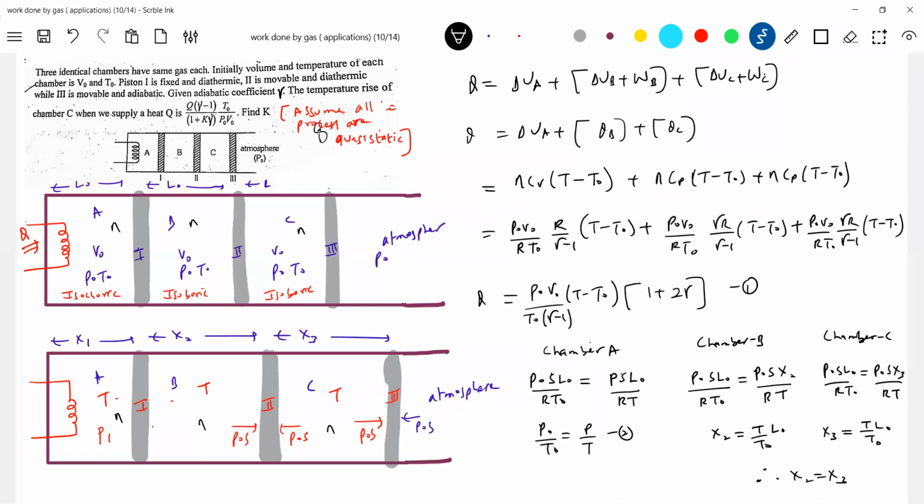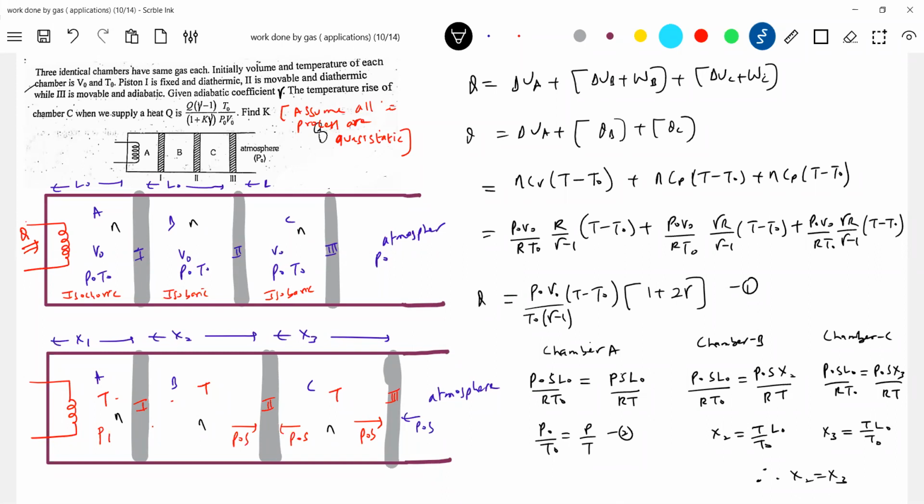Is it needed? Temperature rise is asked. So we already got the answer, no? What do you mean by temperature rise? T minus T naught only is asked. He didn't ask for the temperature. You see, the temperature rise of the chamber is T minus T naught.